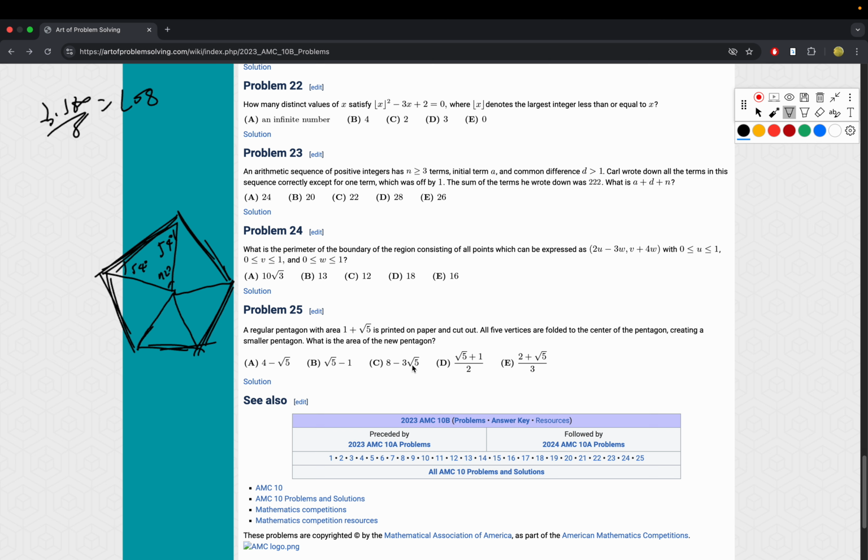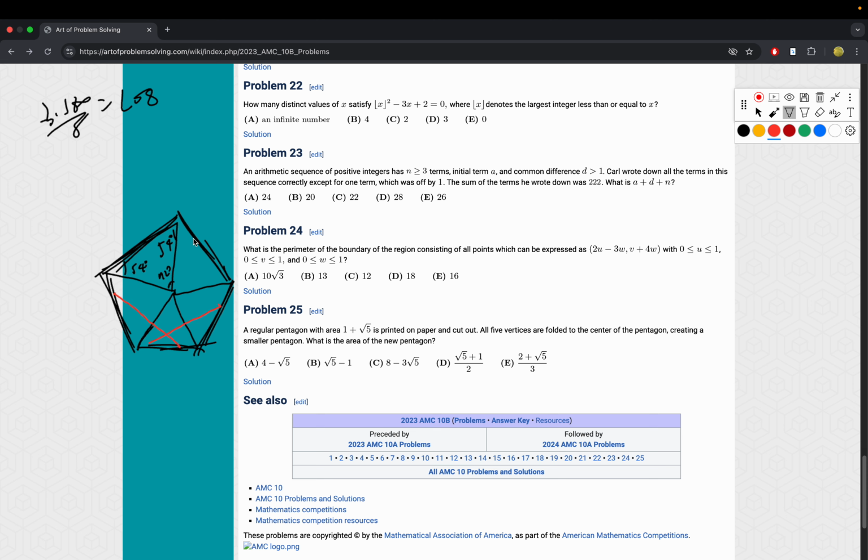Yeah, so this is what we can do with problem 25, I think. So this is what we get when we draw it. Now we are going to fold it.